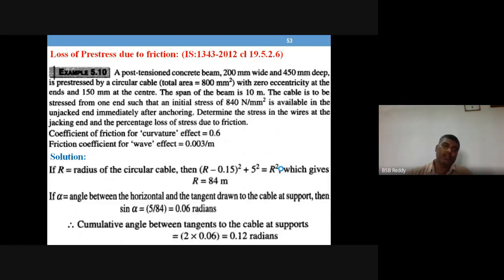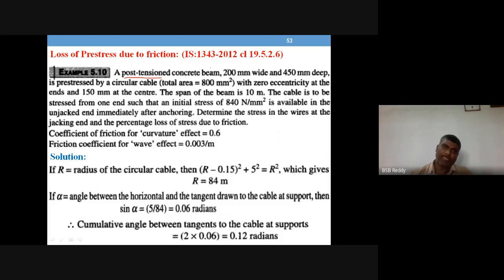Now let us see some more examples on these frictional losses. This example is a post-tensioned concrete beam. Whether it is told or not told, whether it is mentioned or not, you have to consider this as a post-tension member only, because the loss of pre-stress due to friction happens only in post-tension members.